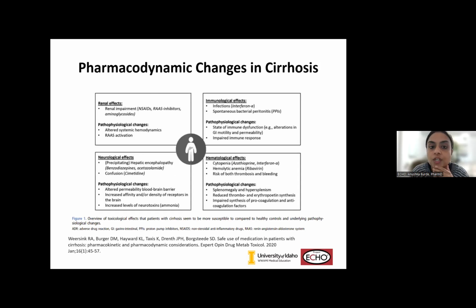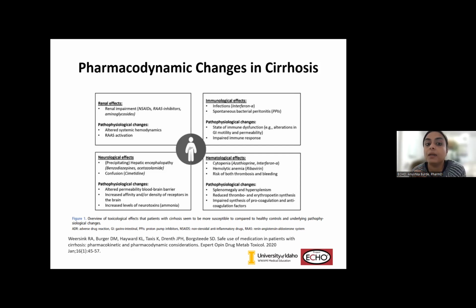Now, the other changes that can occur in the setting of cirrhosis are, for example, renal effects. Usually what happens is, because of the portal hypertension, the organs which supply blood flow to the portal vein, such as the pancreas, GI tract, and stomach, have a lot of vasodilation in their arterioles. So your body automatically activates the renin, angiotensin, aldosterone system.